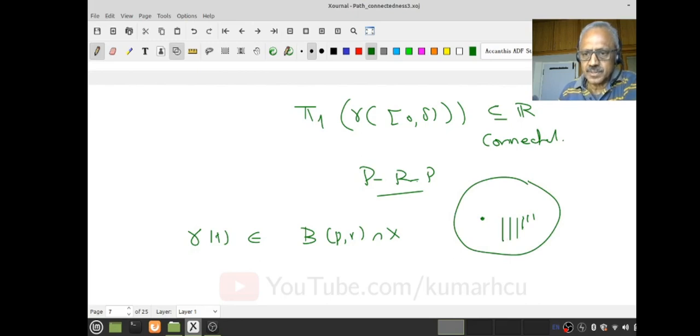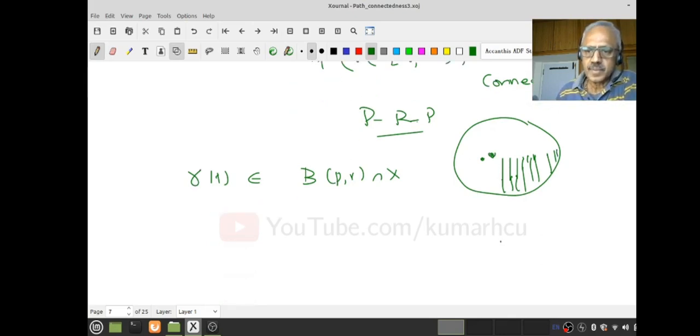That's a picture which I took. Because gamma(t), this is t, not 1. X consists of only these things. B_P(R) intersection X is only these parts of the line segments and this point. Do you follow that?